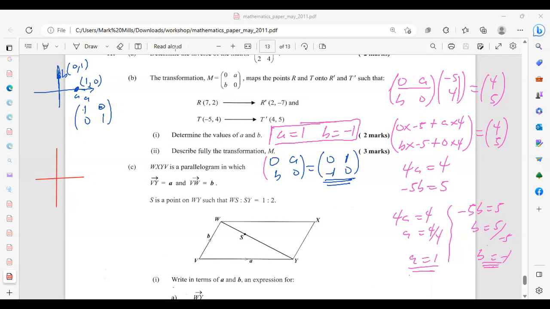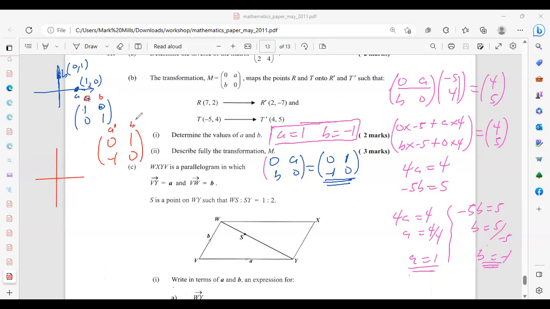So this is for A. So we have 0, 1, -1, and 0. This A here is for A and this is for B. Now this will be your new A and new B.